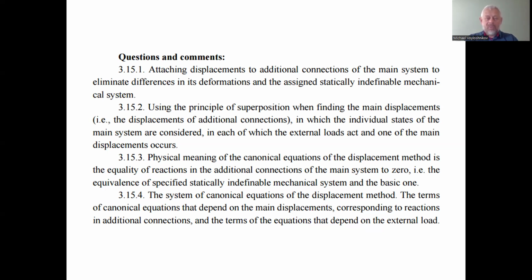This is the forces on behalf of the assigned external load, and the forces that appeared under the kinematic impact of the displacement or displacements in each of the extra connections adopted when doing the main system of the statically indefinable mechanical system.